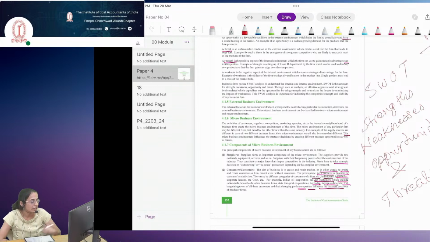So if I get an opportunity like the demand for my product is increasing, I will use one of my strengths to get this opportunity and increase my profit. So threat, one of these weaknesses or threat, I have to reduce them. I have to use various strategies so that my weaknesses can be improved, my threats can be reduced.